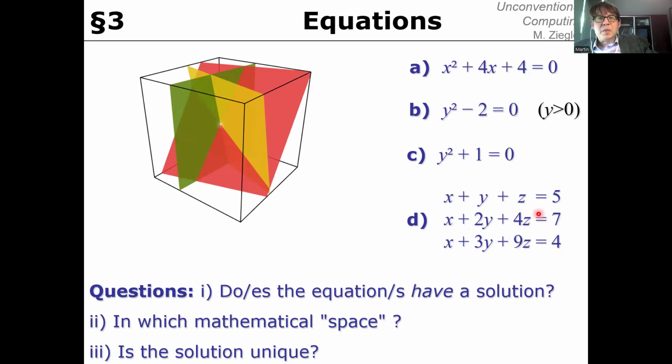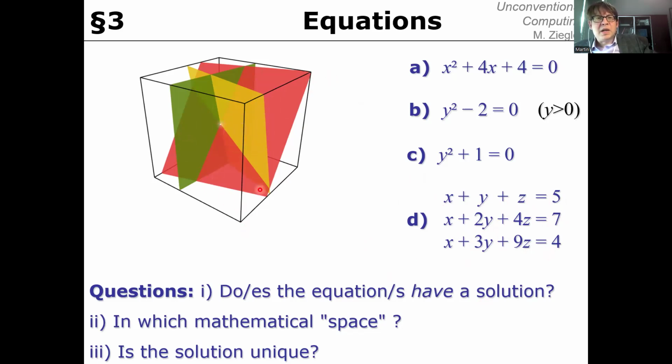And a system of equations means all three equations must be satisfied simultaneously, which geometrically corresponds to the intersection of these three planes. And that's this point. And this point is therefore the solution of this system of equations. And you see that this is a single point, therefore it's a unique solution.